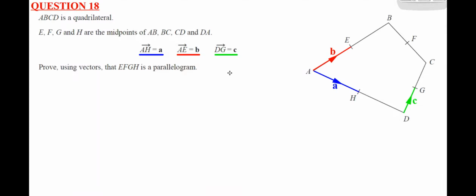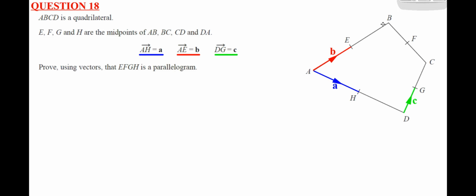And I'm also going to use the fact now that E, F, G, H are midpoints of these. So what that means is if from A to E is B, then E to B, for example, will also be B, because E is a midpoint, so from E to B will be the same length and the same direction as from A to E. And with vectors, if a vector is the same length and the same direction as another vector, then it's one and the same thing.